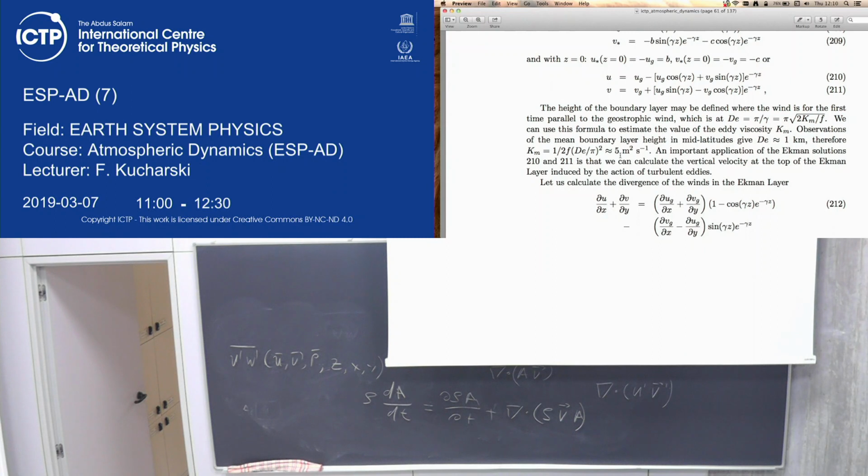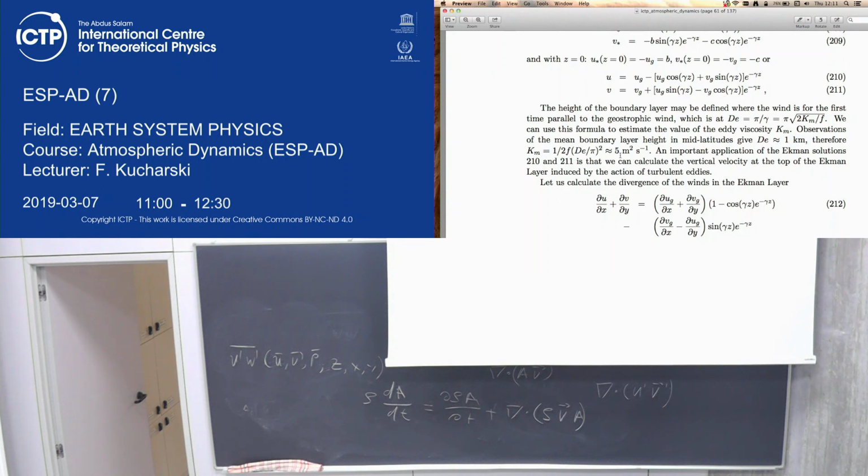We land and we see where the turbulence starts. It's typically about 1 kilometer. If we insert this value in this equation here, we find that the typical value to be used for large-scale models, let's say, of this exchange coefficient would be 5 meters squared per second. This is just an order of magnitude for us.